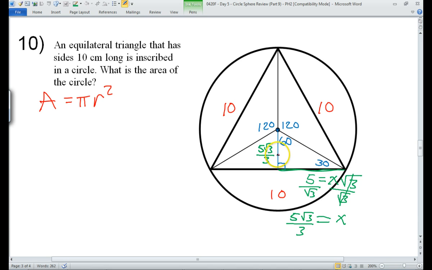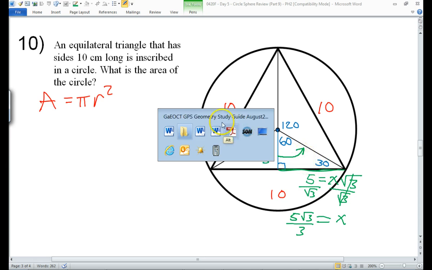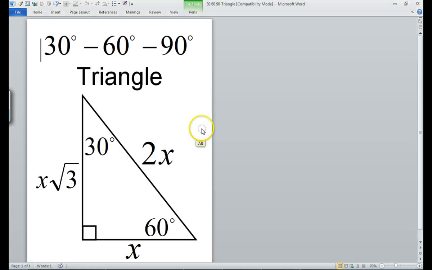Now let's not lose sight of what we were trying to find. Our goal is to find the radius of the circle so we can find the area. Alright, now if I have the short leg, how do I get the hypotenuse? Well, the hypotenuse is double the short leg. Short leg is x, the hypotenuse is 2x.